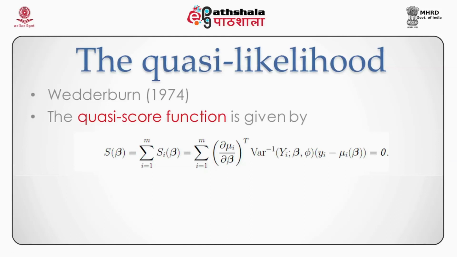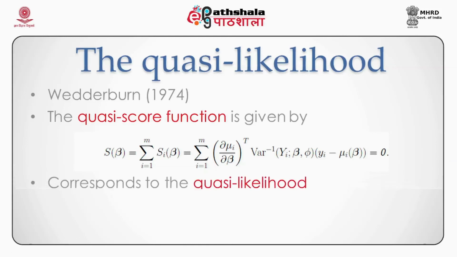Now this is a score function which corresponds to a likelihood obtained by integrating this score function, given by Q(mu, y) equal to summation i 1 to m integral yi to mu i of (yi minus t) by (phi V(t)) dt. Note that construction of the quasi likelihood does not require us to specify any likelihood, but only requires us to specify the variance function V(t).